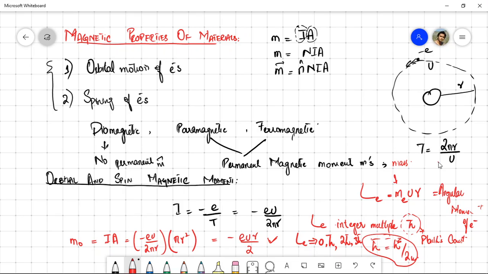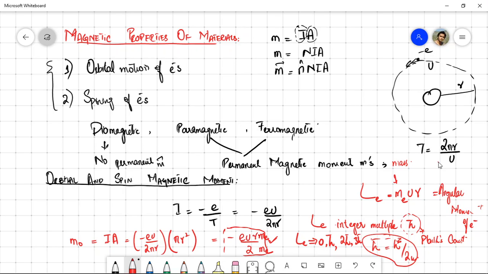For that case, we will need to modify this equation according to angular momentum. If we want to modify this equation for angular momentum, what do we need? We have U, we have R. What we don't have is M. So we will multiply this equation with ME and divide it with ME.